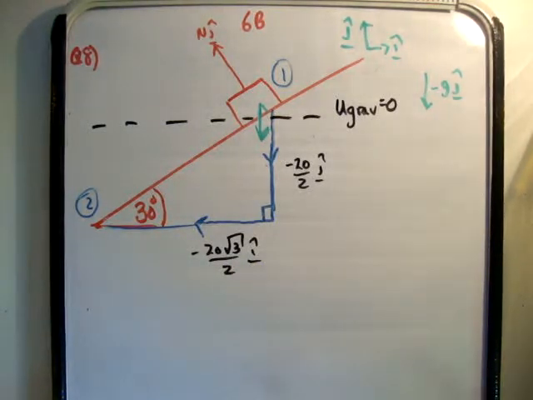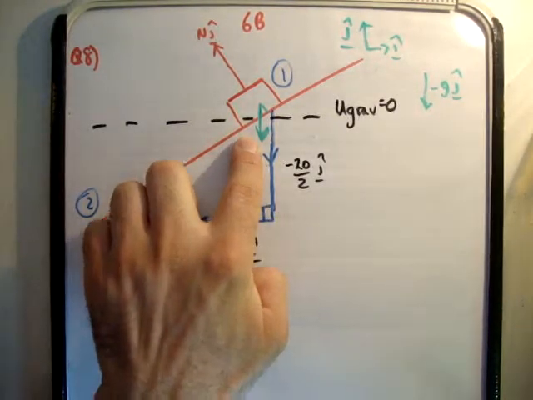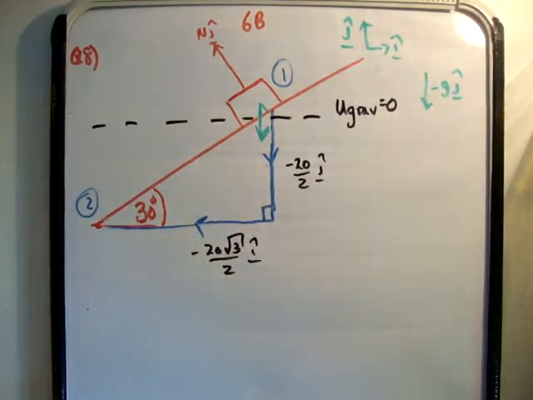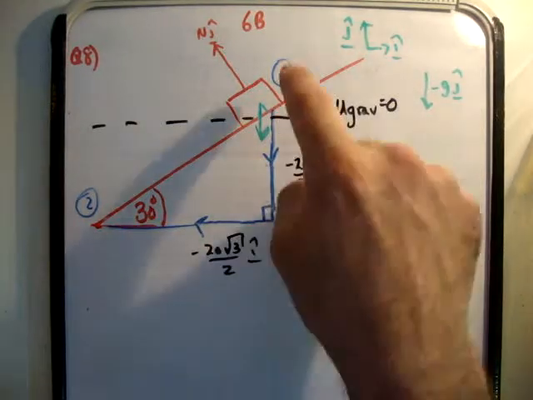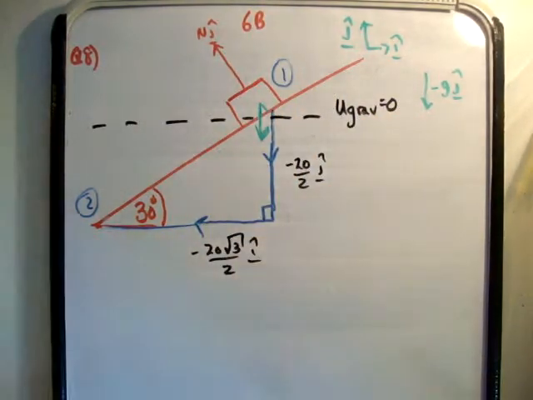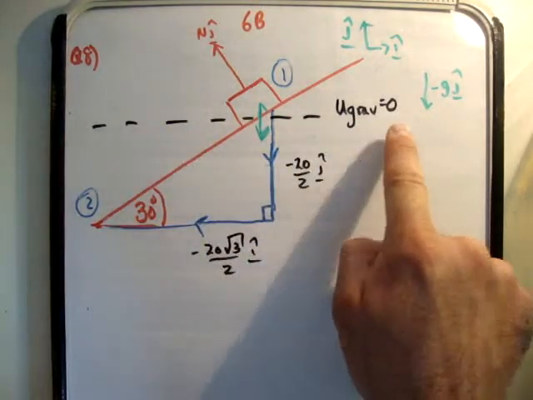We've put in the weight vector in green here and the normal vector in red, but you'll find that they're irrelevant. So the first thing I'm going to do is define point 1 as where it starts and point 2 where it ends. At this stage you should be aware that you can define the 0 point of your gravitational field to be anywhere. So this time, just to be awkward, I've defined it as being at point 1.